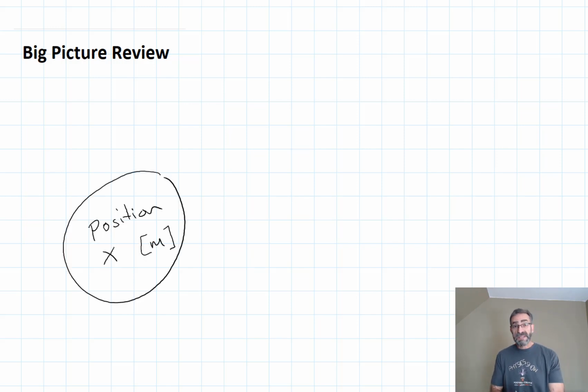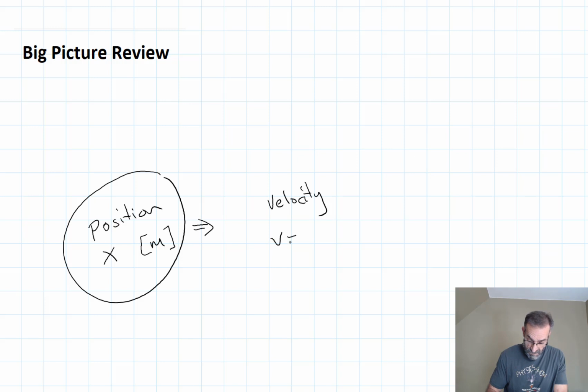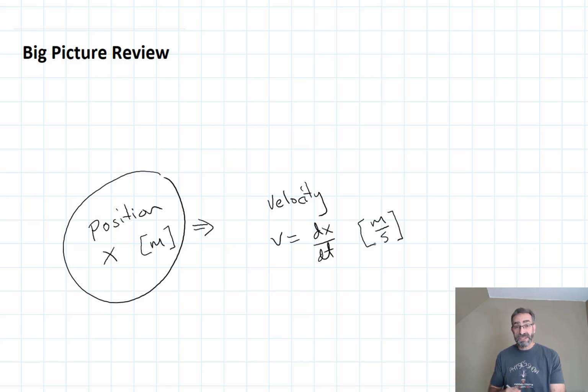We can take the position and take a derivative with respect to time and get velocity. Our units for velocity are meters per second. So velocity is the time rate of change of position. It's the slope of the position versus time curve.